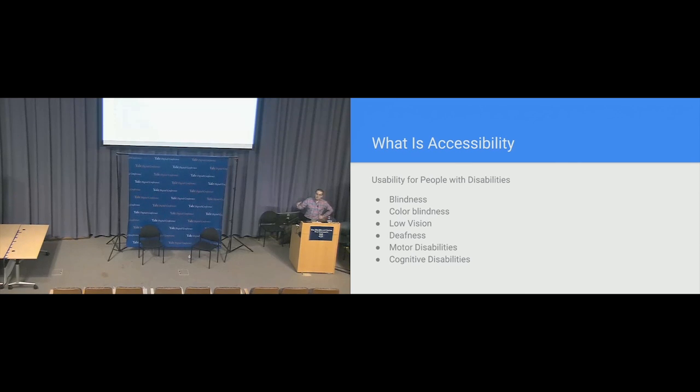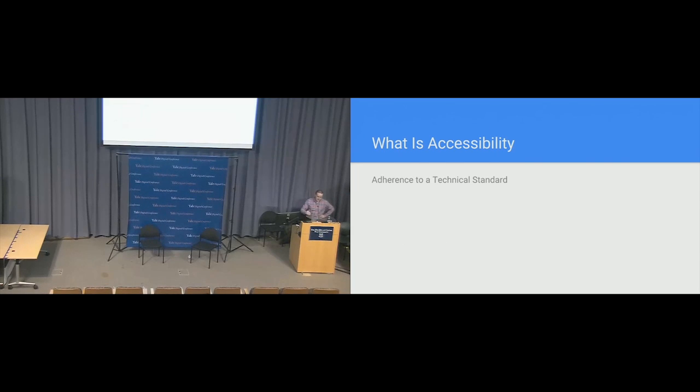People who are deaf, people with motor disabilities, which might prevent them from using a mouse, for example, or people with cognitive disabilities, that includes learning disabilities, epilepsy, ADHD, anything of that sort. And so you can think of accessibility as making websites and applications easy to use for people who identify as having any of these disabilities.